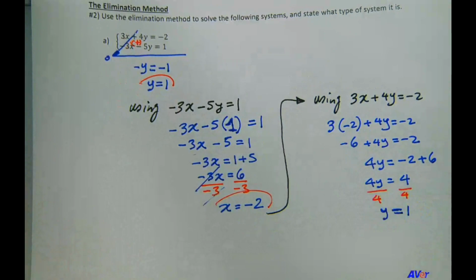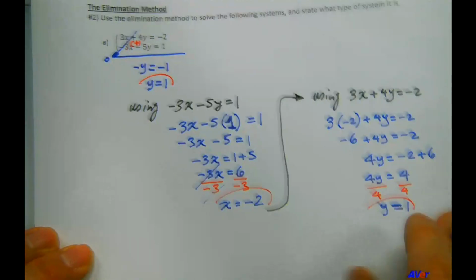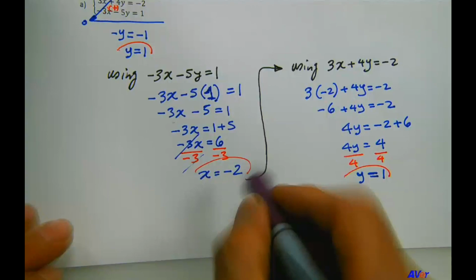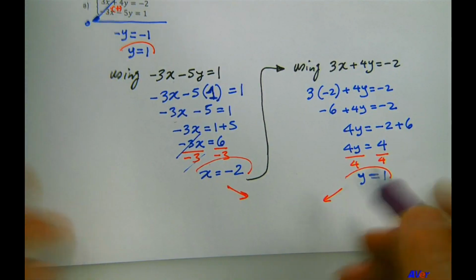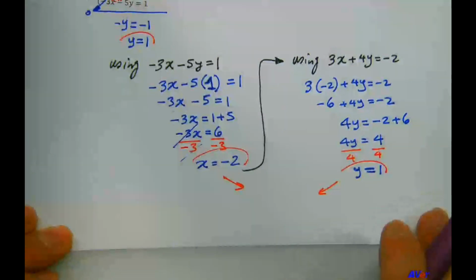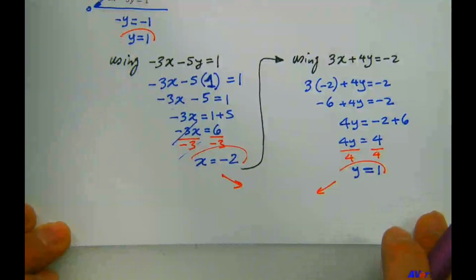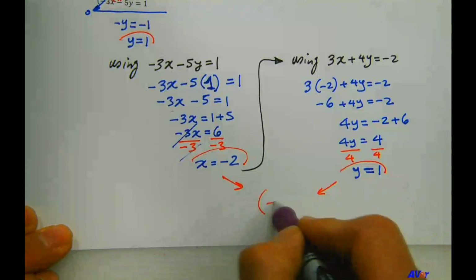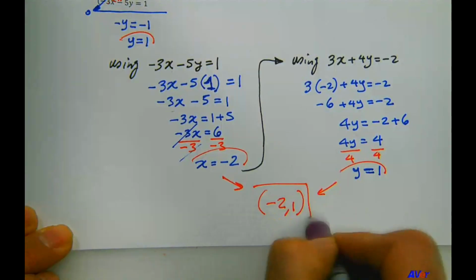So we've now solved for the value of y. We have x coming from here and y from here. So the solution of the system is negative 2 comma 1.